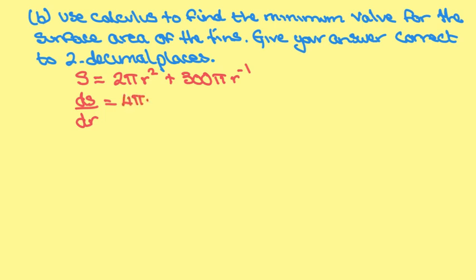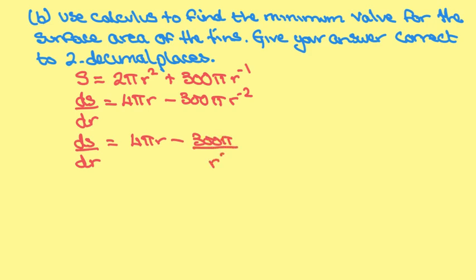Take 1 off, so you get r. Minus 1 times 300 is minus 300 pi. Take 1 off, so you get r to the minus 2. Therefore, dS over dr is equal to 4 pi r minus 300 pi over r squared.